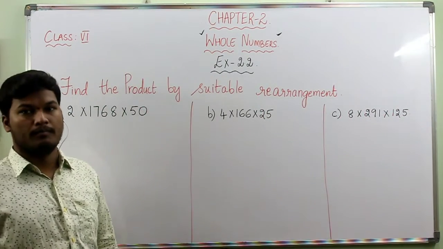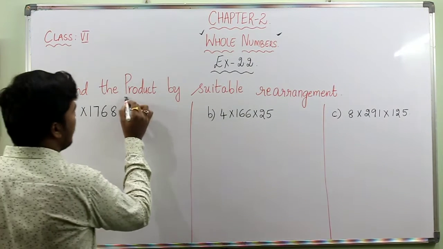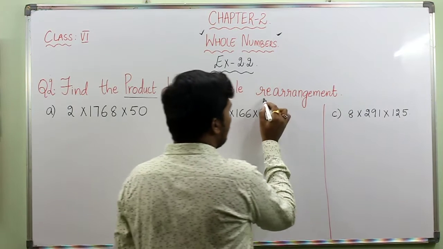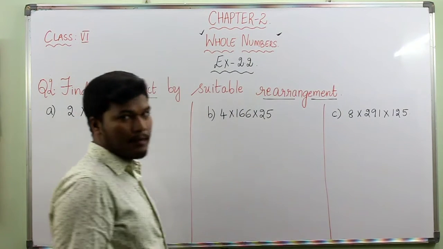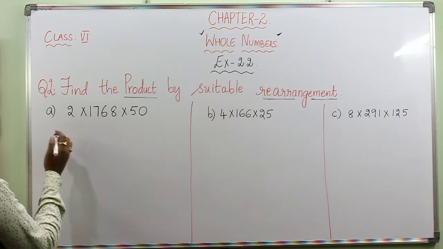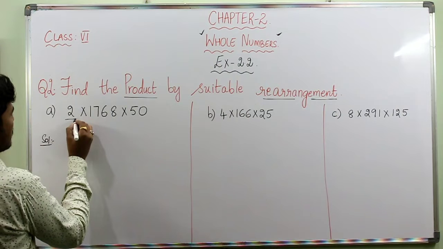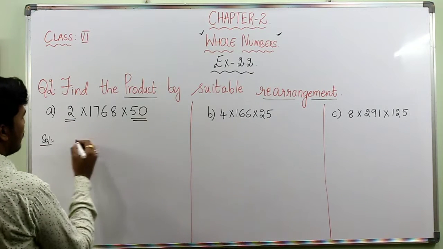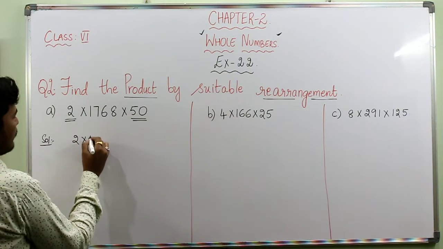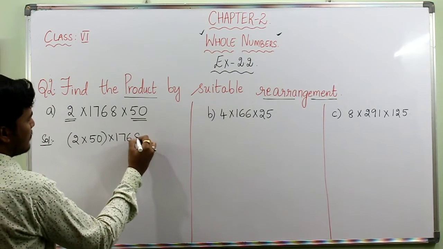The second problem is: find the product by suitable rearrangement. In the previous sum, we saw the sum using suitable rearrangement. Now we will find the product. Consider these two, that is 2 into 50 into 1768.